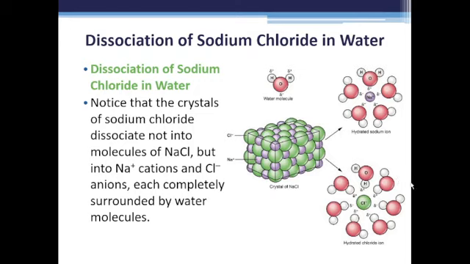When sodium chloride is placed in water, it does not remain intact, because we know that water is a polar molecule, so it can interact with charged particles. When sodium chloride dissolves, the slightly negative oxygen end of water is attracted to Na. The oxygen here tends to have a slightly negative partial charge, right?